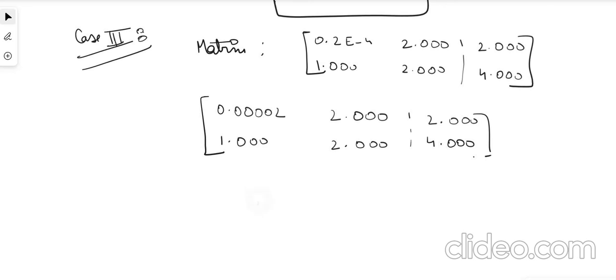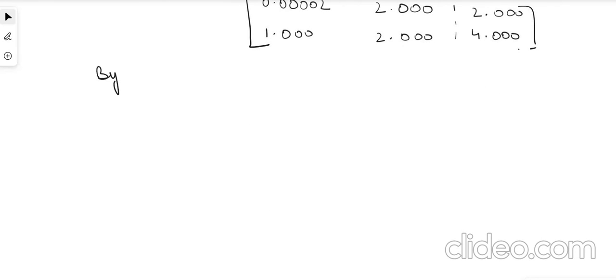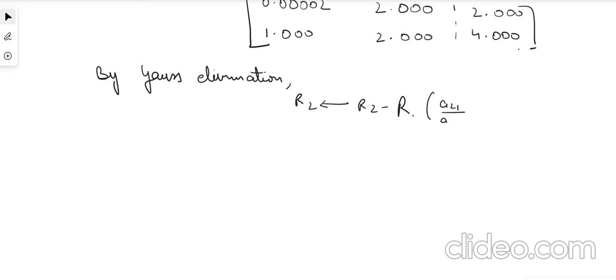Now by Gauss elimination, we perform the following operation on the matrix: R2 minus R1 into A21 upon A11.